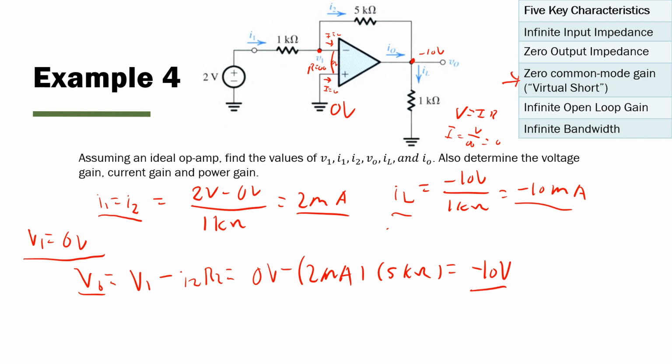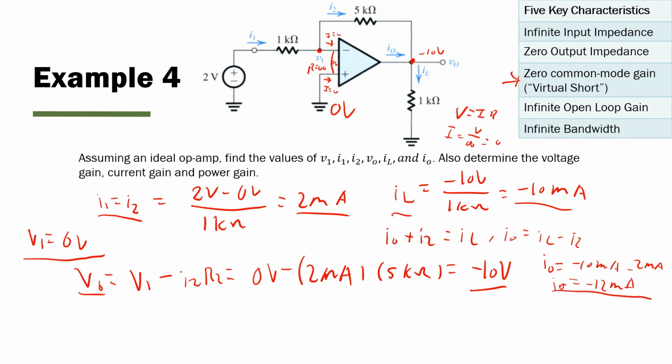So that means IO plus I2 is equal to IL, because output current and I2 enter the node, load current exits the node. So I have output current equals load current minus I2. So that's equal to negative 10 milliamps minus 2 milliamps. So my output current is negative 12 milliamps.